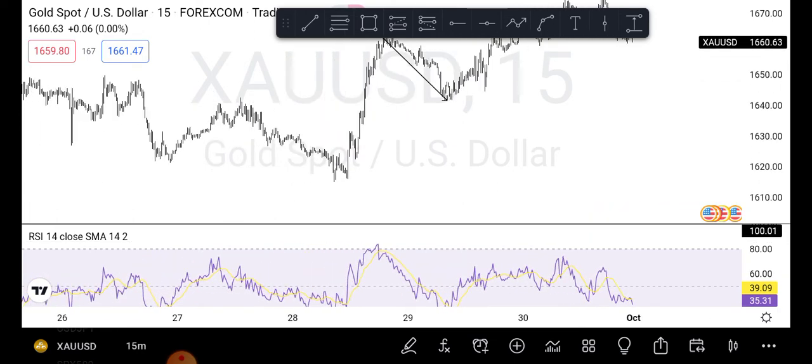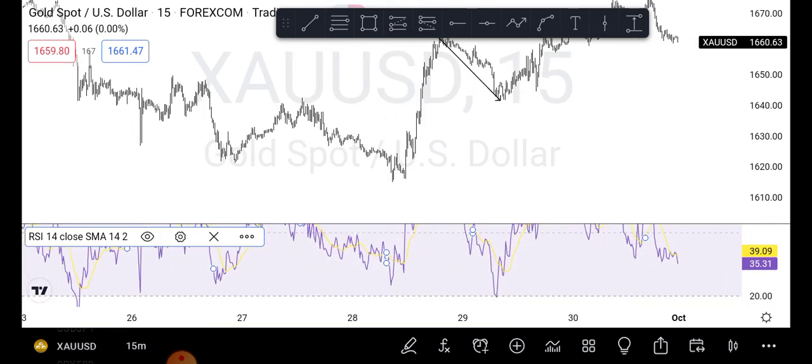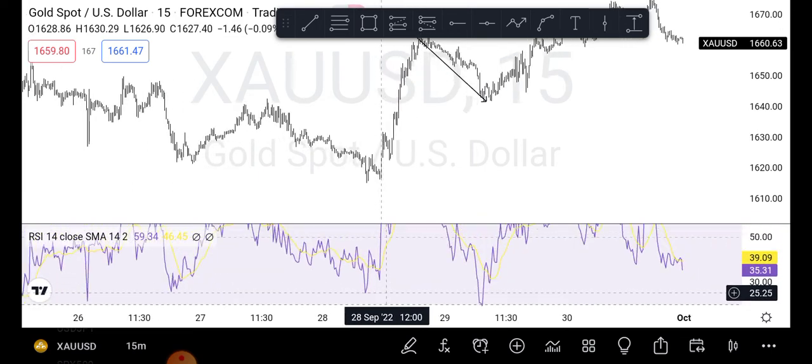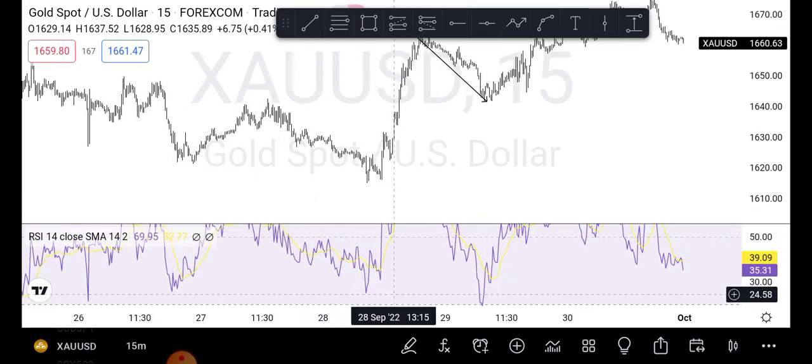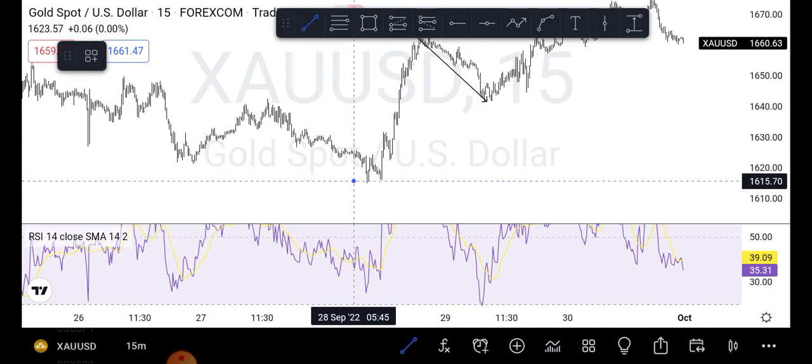Let me look for a point of divergence here. I hope I find one on this chart. Okay, nice. Seen something nice. Right, good. Now take a look at this.